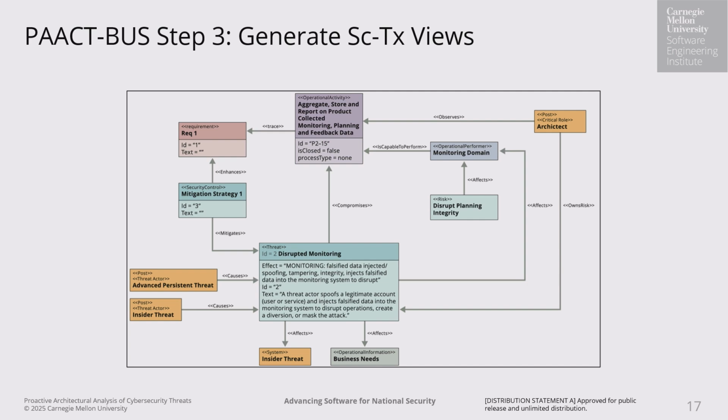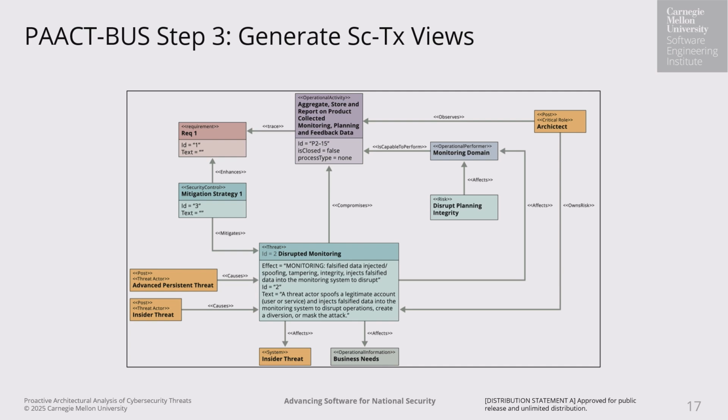That box is going to capture all of our threat scenario information. You'll see the text captures that common template that we just walked through. And then key, we're going to take all of the interactions between our different system elements that are resident in that text and make them explicit within the model.